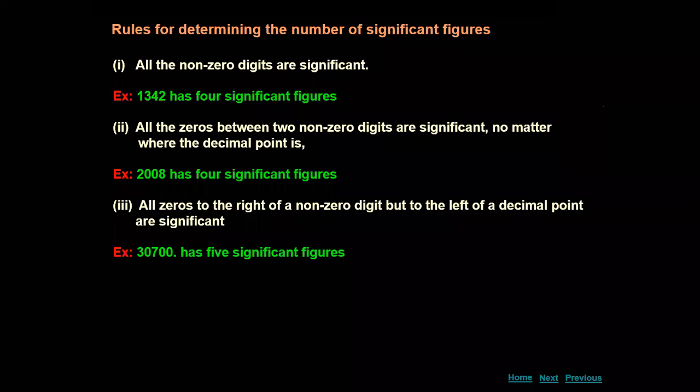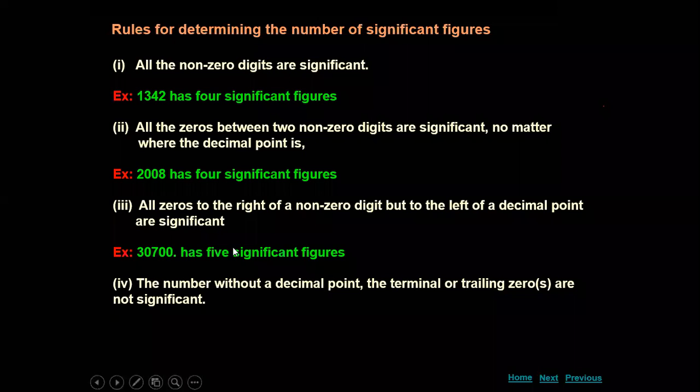And here there is a 7, after which these two zeros are there. After a non-zero digit, if zeros are there, those are significant only when a decimal point comes after them. If there is no decimal point, these two zeros become trailing zeros, and those won't be significant.